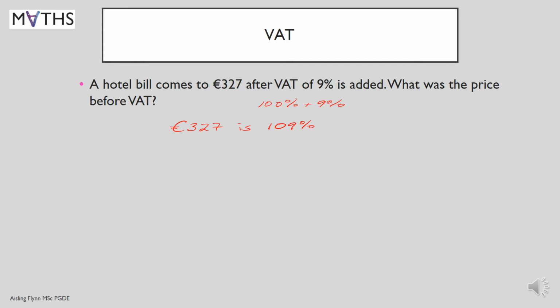Now we'll work backwards to find 1%. We'll do 327 divided by 109. You calculate that, you get €3. Now this €3 represents 1%. And we'll scale that up to 100%. So 3 times 100 gives €300, which is 100%. So the answer, the price before VAT, is €300.